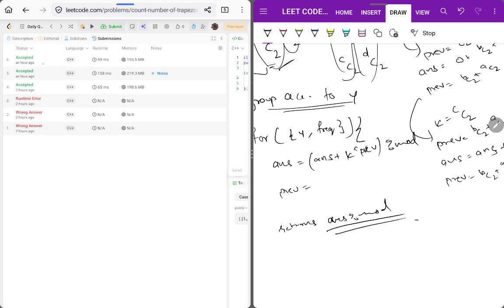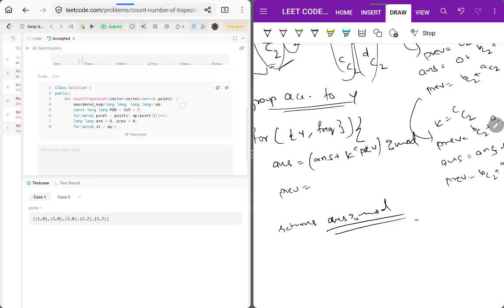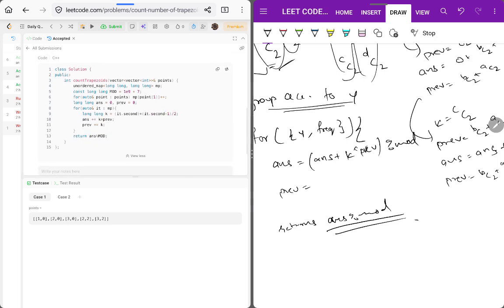Let's see our submission. So this is the submission. Let me explain it to you. We have a map. What does this map do? It stores the grouping of y. The mod is for the answer.